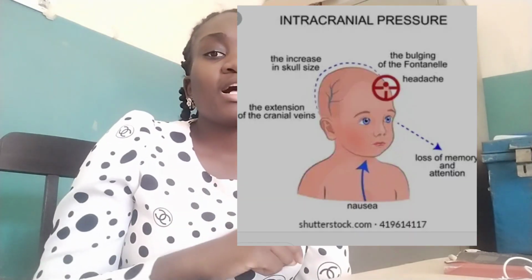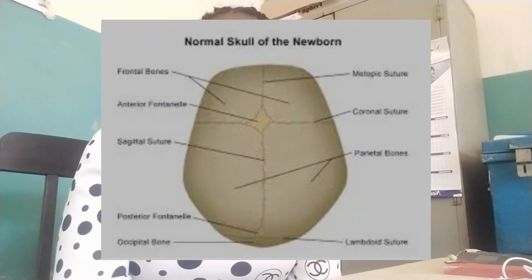And also, we can help in preventing secondary injury by ensuring adequate cerebral perfusion to avoid or decrease intracranial pressure. But remember, some of these patients have open skull, that is the sutures. Children have open sutures, so most of the time they don't get raised intracranial pressure.